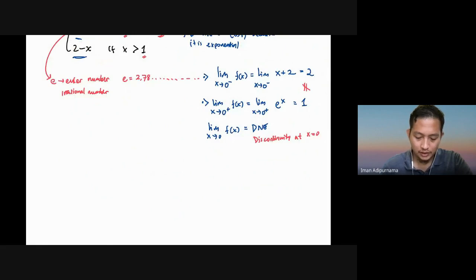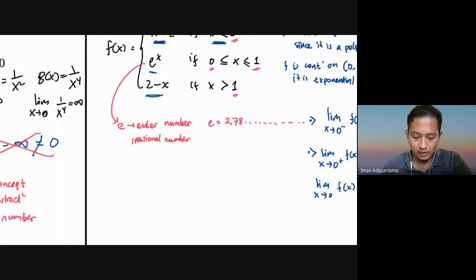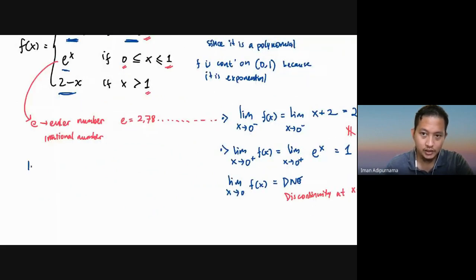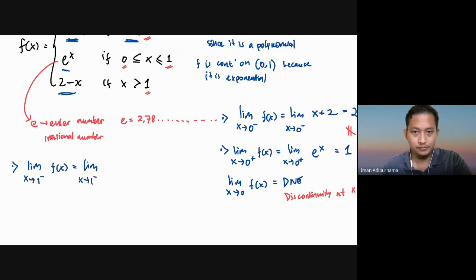And also we can observe x approaching 1. So we can check the limit as x approaching 1 from the left. This is becoming e.